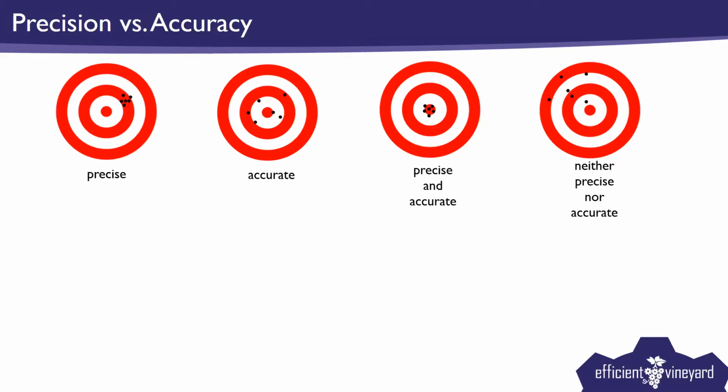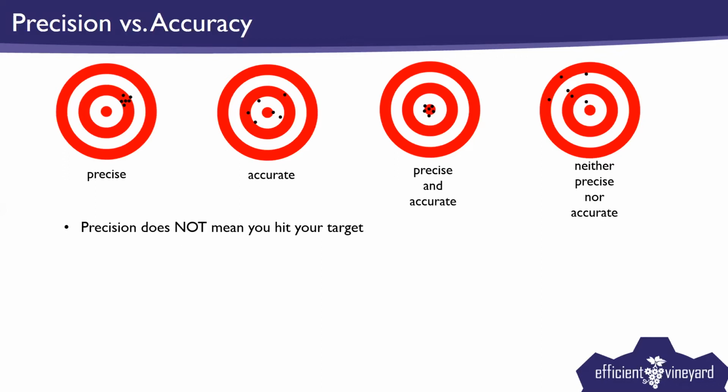So in this world of precision viticulture, you're going to come across a lot of sensors. They may be really precise, but are they measuring what you want to know? Can you trust the values that are coming from them? Can you trust the maps you're getting? Do you know how the data was processed? That's really the crux of what we're getting at. So this is a really important base to understand as you begin learning about precision viticulture. Precision does not mean that you hit what you intend to hit.